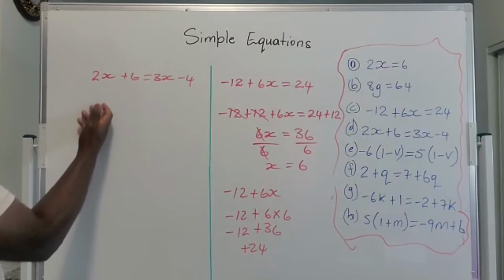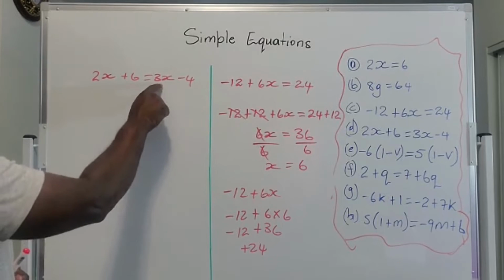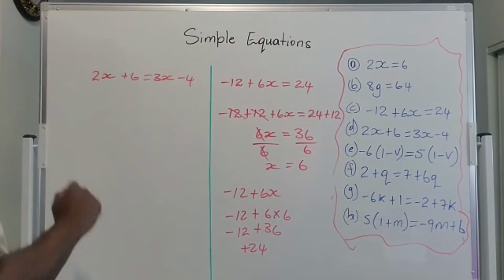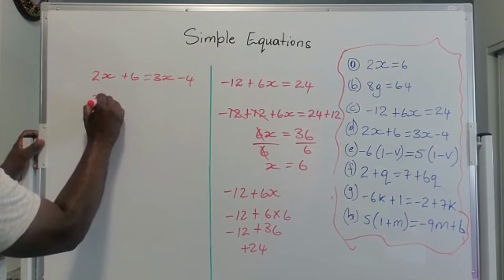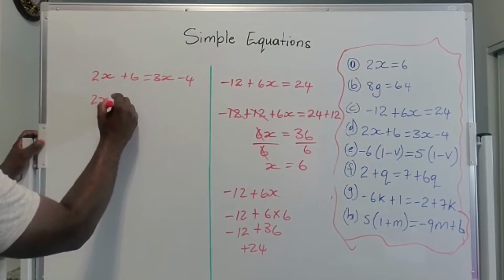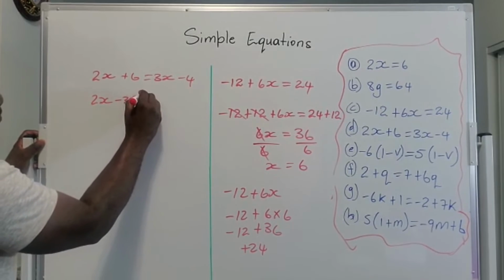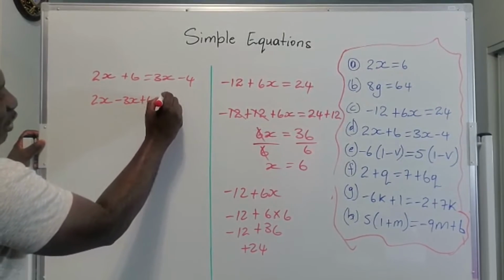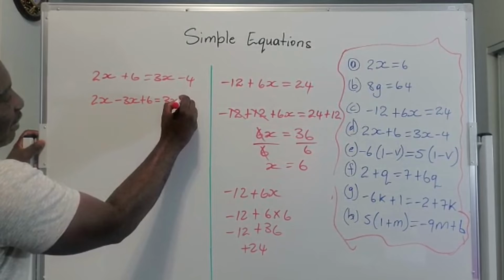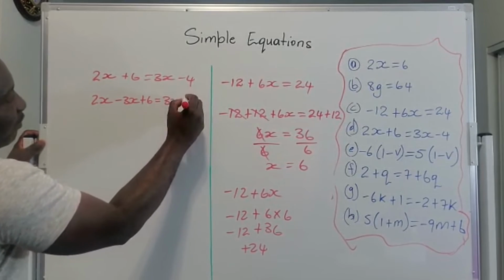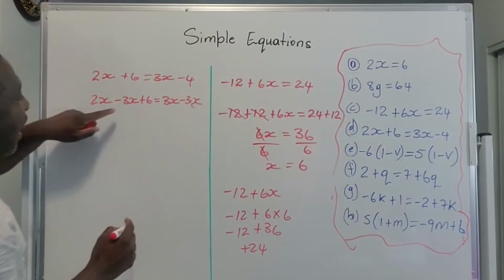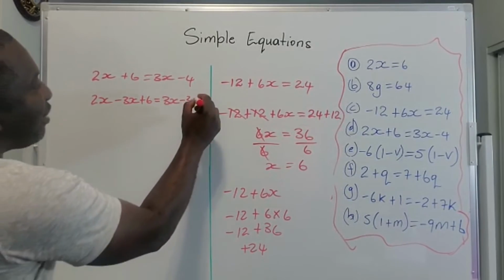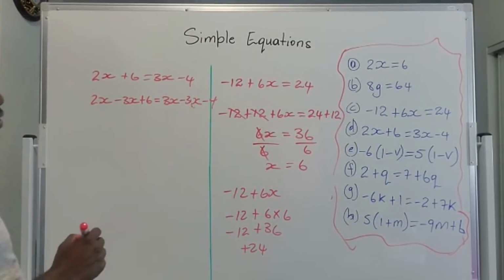So I'm going to keep my x's on the left side. I want to get rid of this positive 3x on that side. Therefore, 2x minus 3x on this side plus 6 is equal to 3x minus 3x, guys. Remember, whatever I had on this side must do the same here, minus 4.